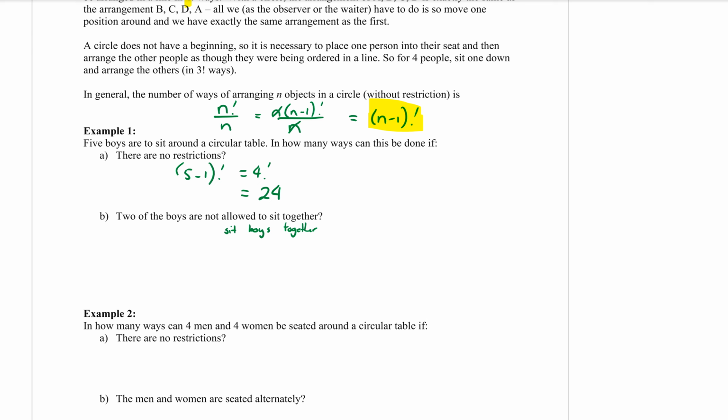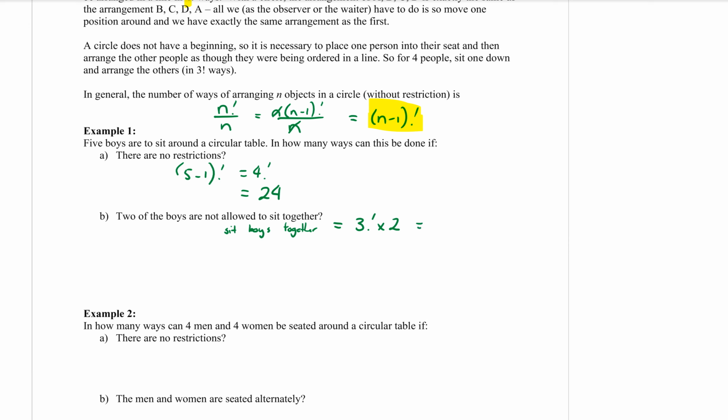So when I'm putting 4 groups in a circle, I'm doing 3 factorial. However, there's 2 boys, and the order those 2 boys sit in is different. So we have to times that by 2 factorial, which is 2, for the 2 possible ways that they could be sitting next to each other.